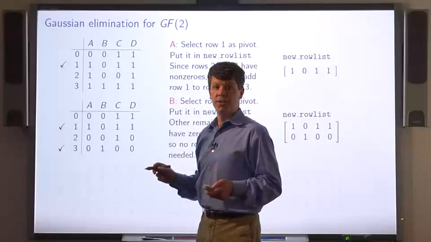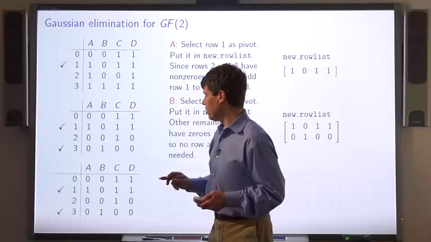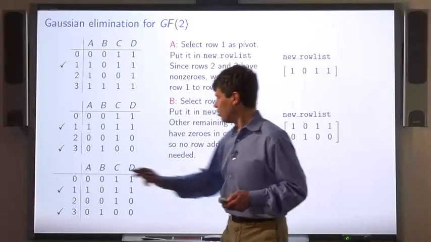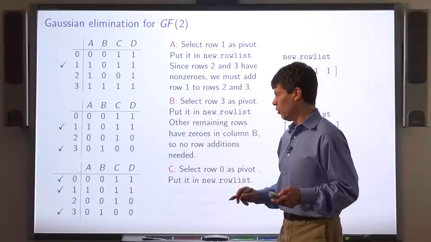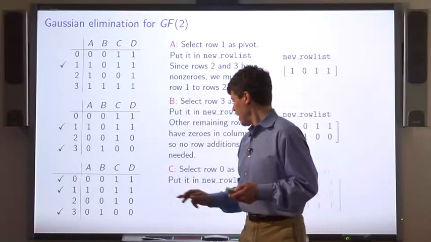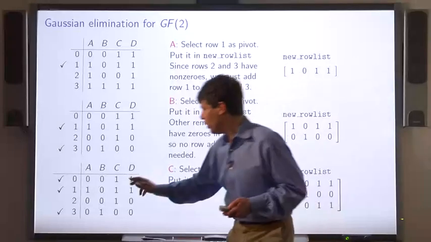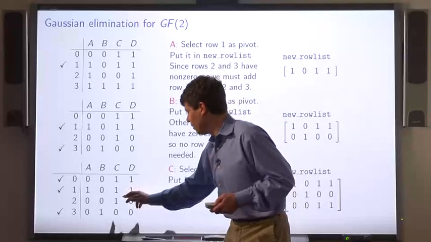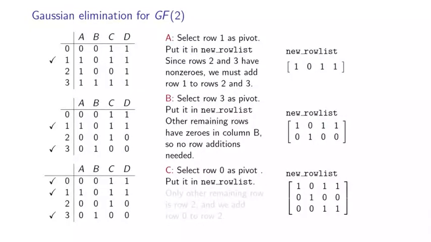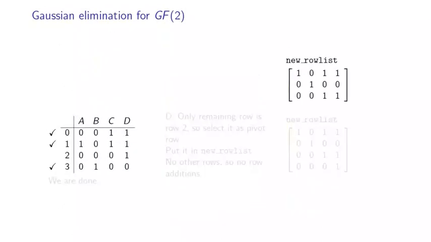Let's move on to column C. The algorithm selects row 0 as the pivot row, adds it to new row list. And then there's only one row remaining that has a non-zero in column C, so the algorithm adds the pivot row to row 2 to make that 0.